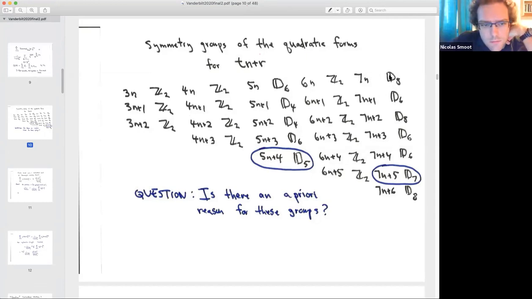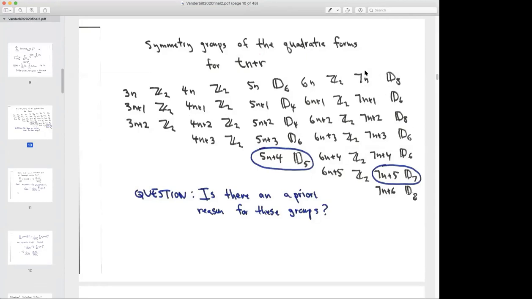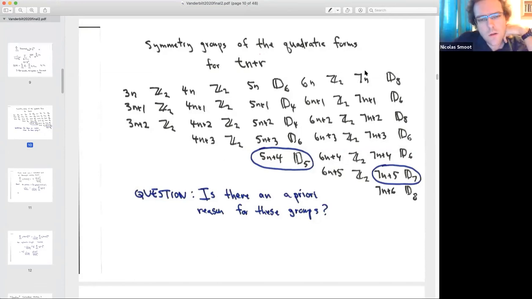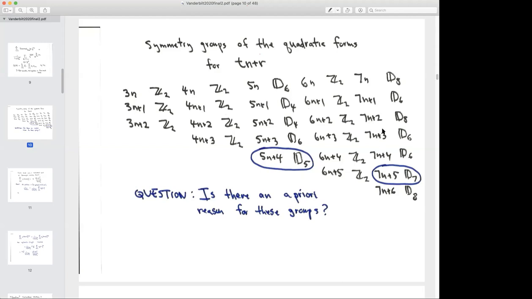For 4 it all matches up. Do you have a way of predicting what these dihedral groups are, perhaps? Yes, I do. Well, the actual numbers of the dihedral groups, I'm not so sure, but I can tell you when they match up. So, for example, 7n plus 1, 7n plus 3, and 7n plus 4 match up. I can predict that for you. Are they quadratic residues or something else?